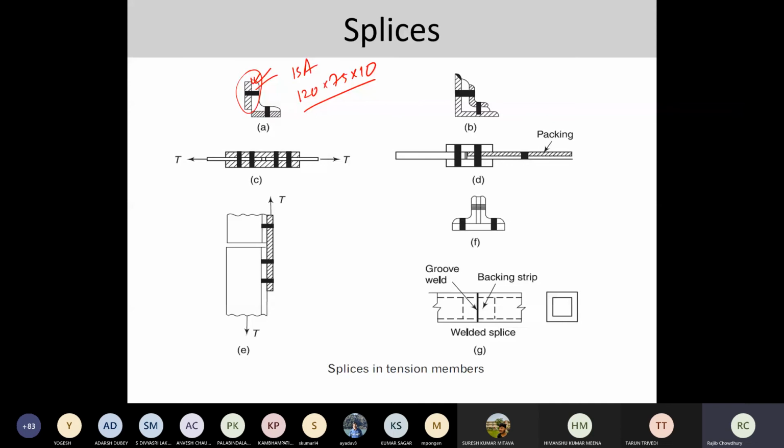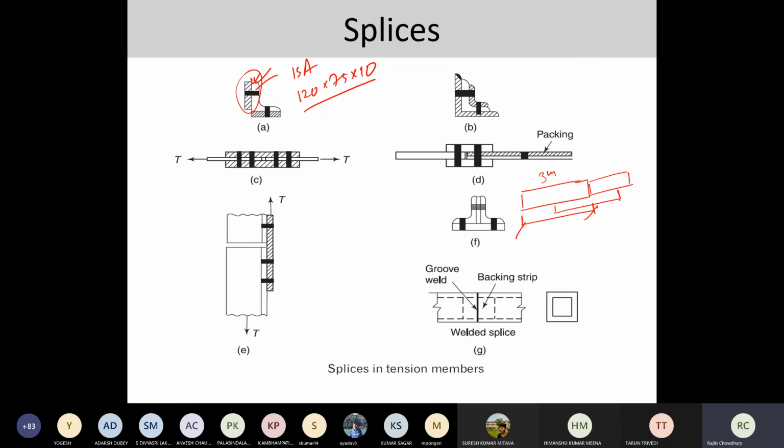This splicing can be utilized, for example, if I have a 6 meter beam, and I find that at the site you have provided me a 3 meter or 4 meter steel beam, then I can make a splicing over here to connect and make the 6 meter beam.